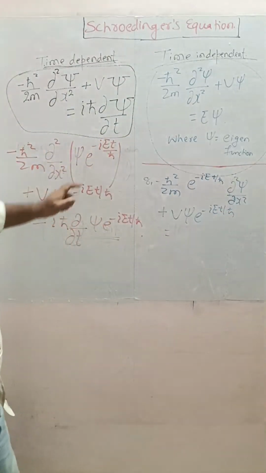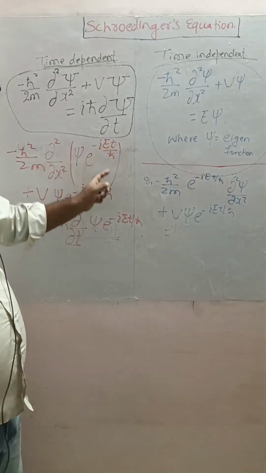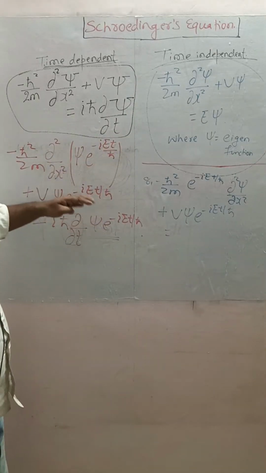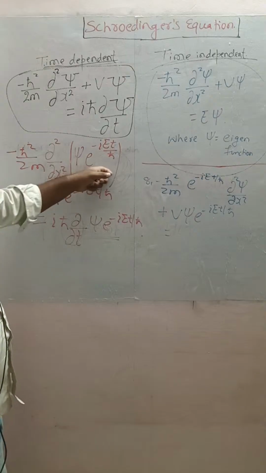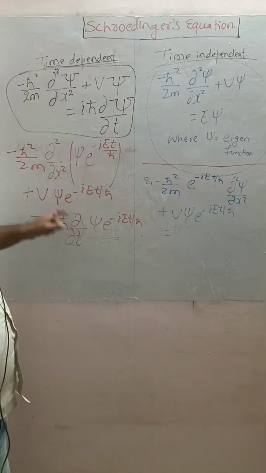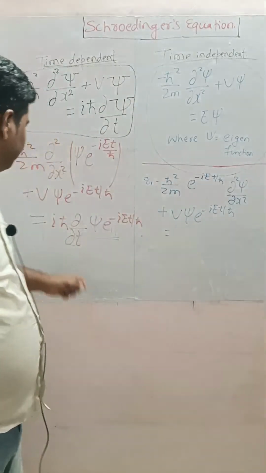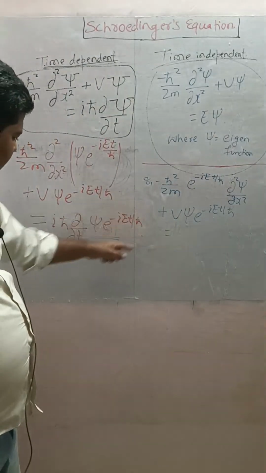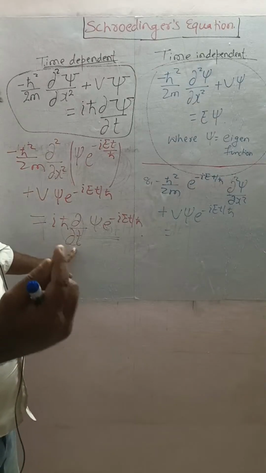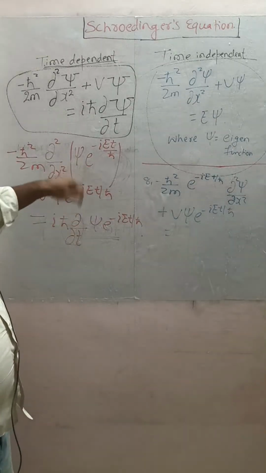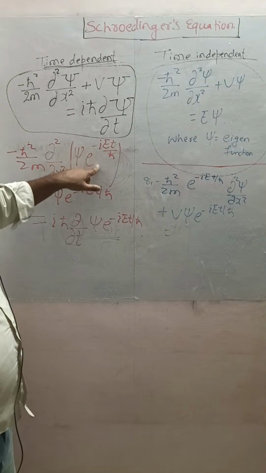Here in this function, I differentiated this whole function with respect to x twice, a second order derivative. And here, just a single derivative with respect to time. Remember, here we have to differentiate with respect to x.